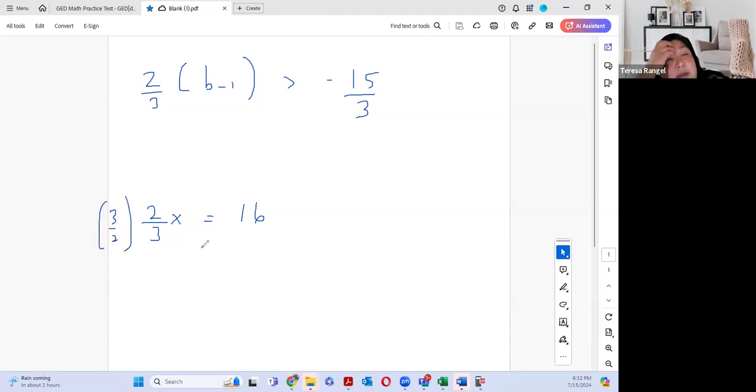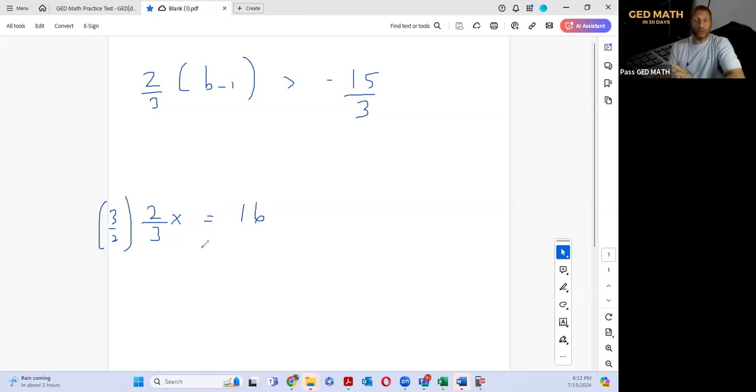Would you multiply by 3? Well, you multiply by the reciprocal, so you flip it: 2/3 multiplied by 3/2. Whatever you do on one side, you do on the other. The 3's cancel and the 2's cancel. You're left with x equals 48 over 2, which is 24.